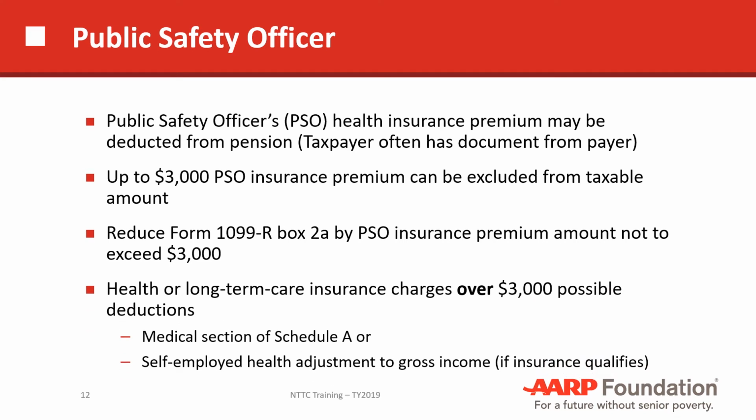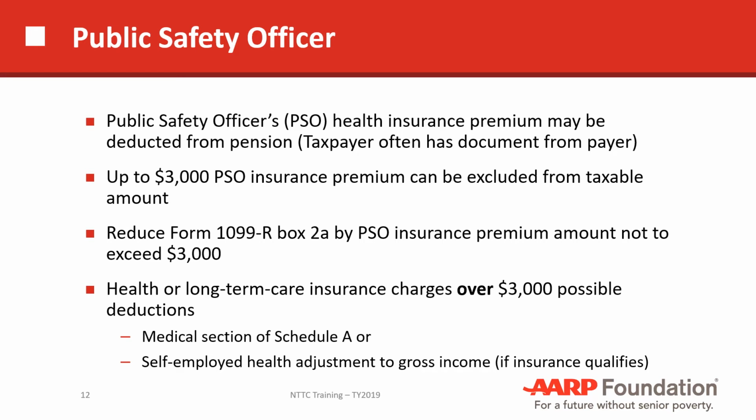And then if there is excess above the $3,000, that excess can be used as a medical deduction on their Schedule A for itemized deductions, assuming that the itemized deductions exceed the standard deduction. Otherwise, of course, the medical deductions wouldn't be used.